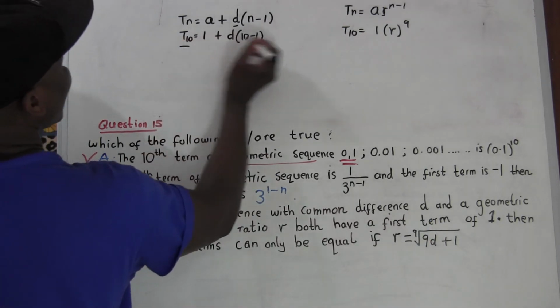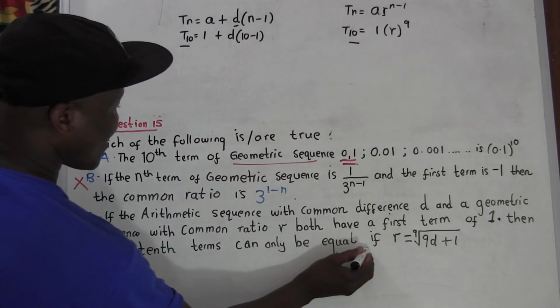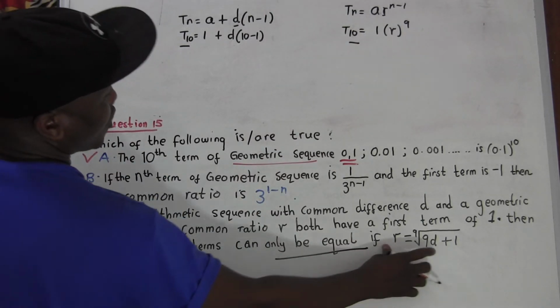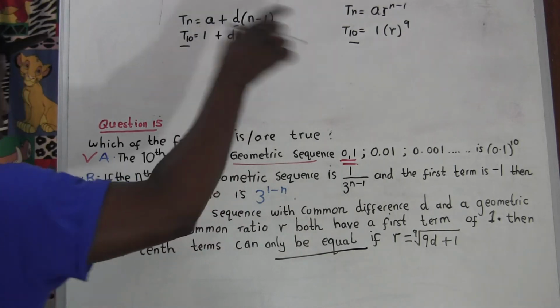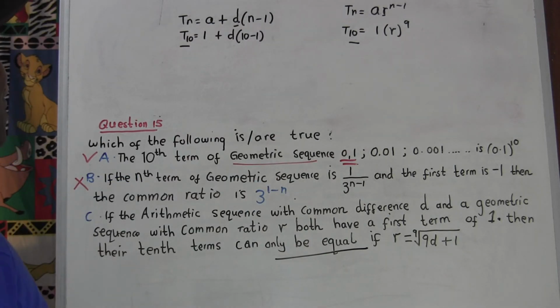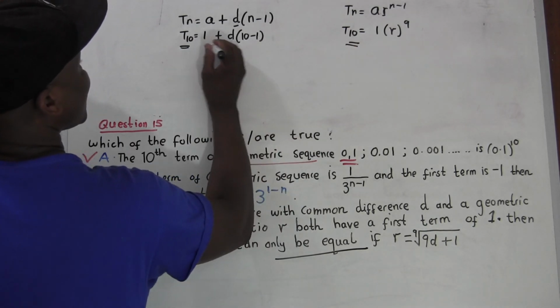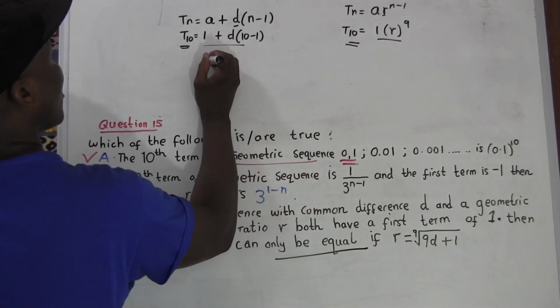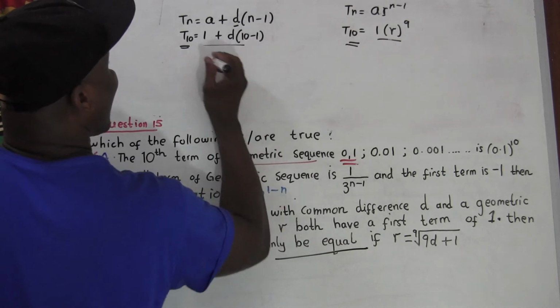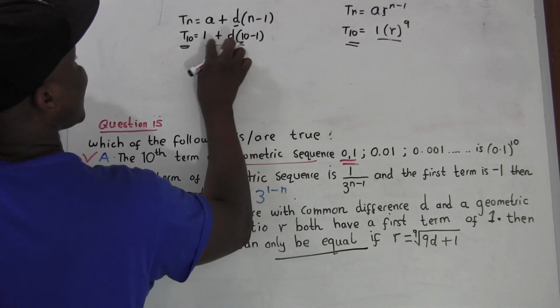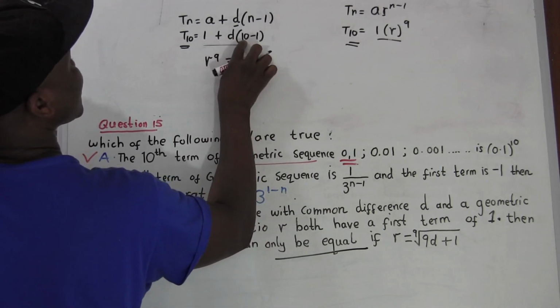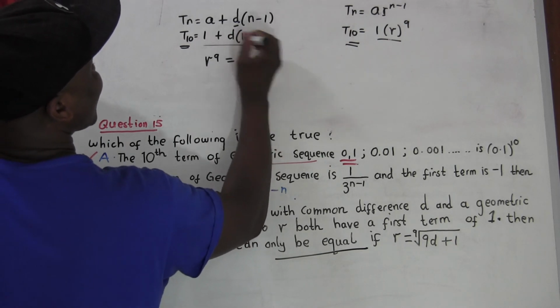So now I'm going to say T10 here must be equal to this. Why? Because they say they can be equal if. So now let's equate and make r the subject and see if it's going to give us that. So when you equate this and that, I'll say this equal to that. So 1 times r to the power 9 is just r to the power 9, equal to 1 plus 9d.